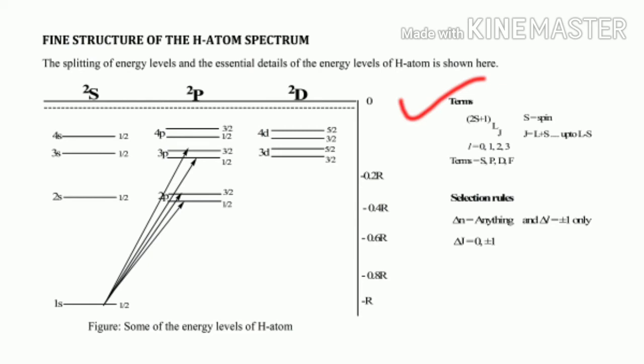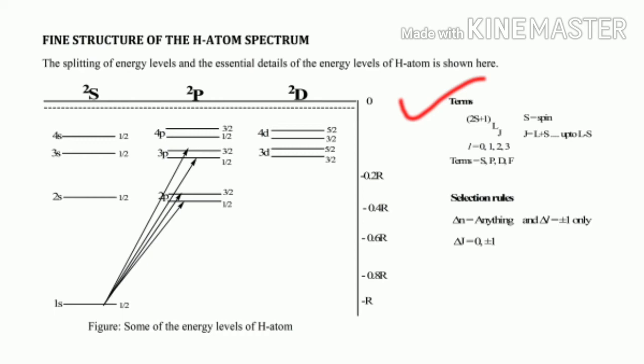We know that the term symbol is represented by ²ˢ⁺¹L_J, where S is the spin and J is the total angular momentum, which is equal to L + S up to L − S. The value of small l is equal to 0, 1, 2, 3, which represents the orbitals s, p, d, f, etc. So the value of capital L for the hydrogen atom is also equal to 0, 1, 2, 3, since there is only one electron in the hydrogen atom. So the terms will be S, P, and D only. Since hydrogen has one electron, S is equal to 1/2. Therefore 2S + 1 is equal to 2 × 1/2 + 1, which is equal to 2.